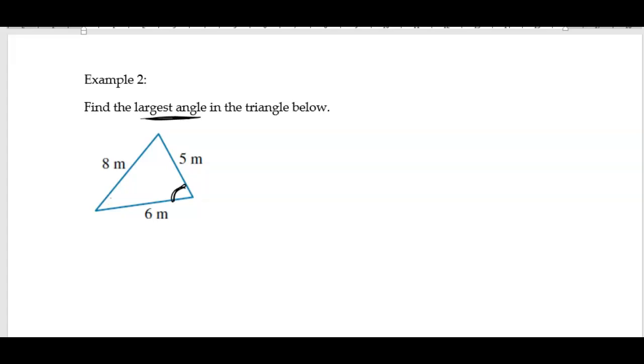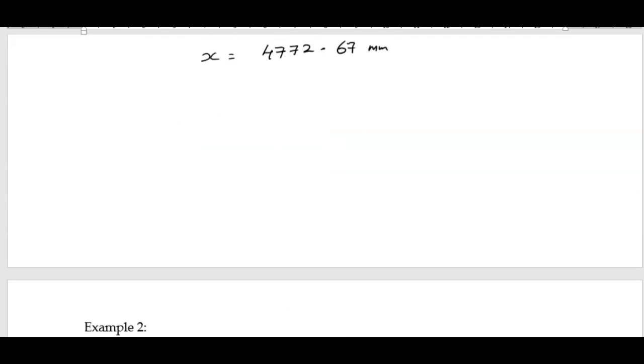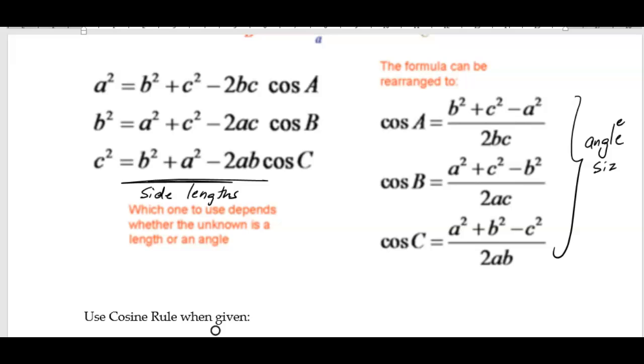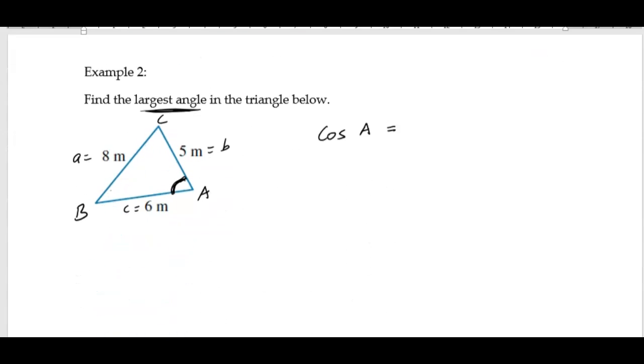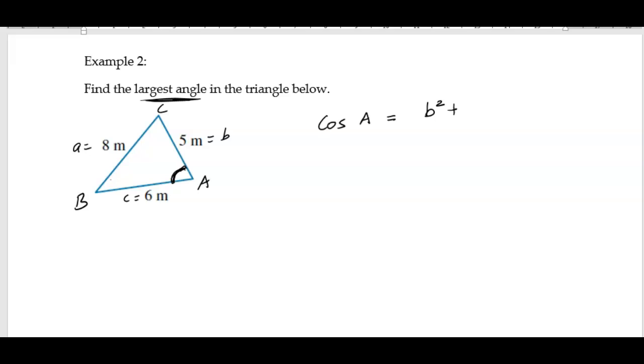If I quickly label my triangle with capital A, B, and C, that's going to be my side a, side b, and side c. So we will now be finding the angle A. If I write down my formula for finding angle A, cos A equals, this is where the formula comes from, cos A equals b squared plus c squared minus a squared divided by 2bc.